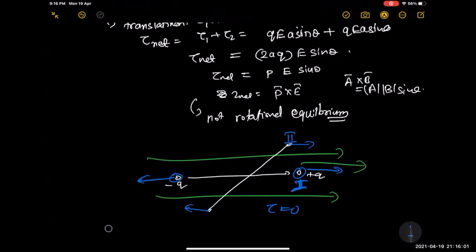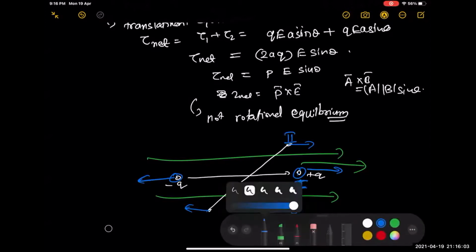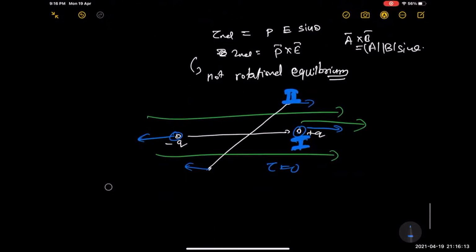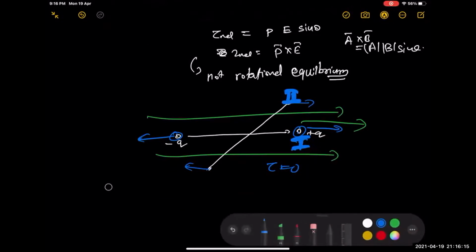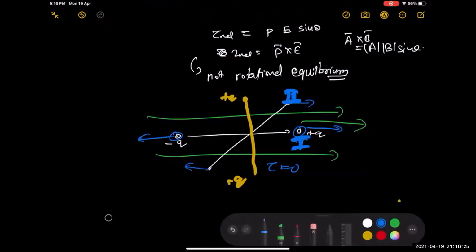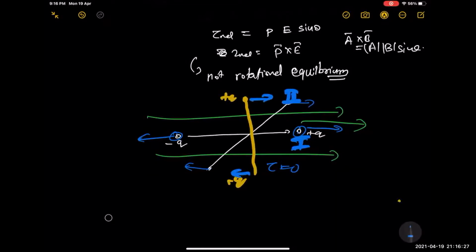Does everyone understand that when the dipole is in orientation 2, it wants to come into orientation 1? Yes, sir. And which is the maximum unstable orientation for the dipole? It is this, plus q minus q. At this point, there is a maximum rotation effect.